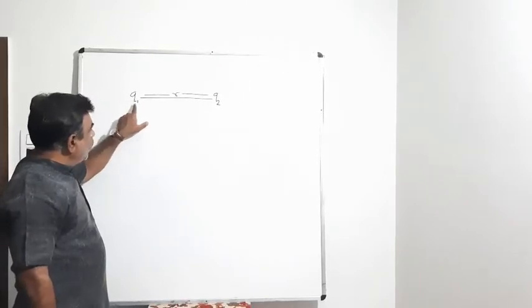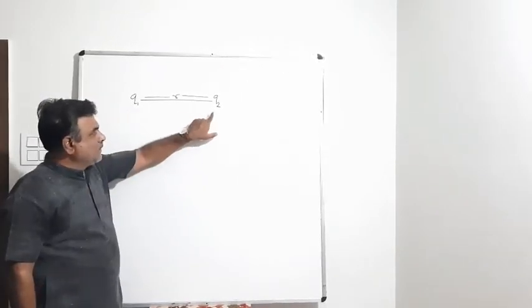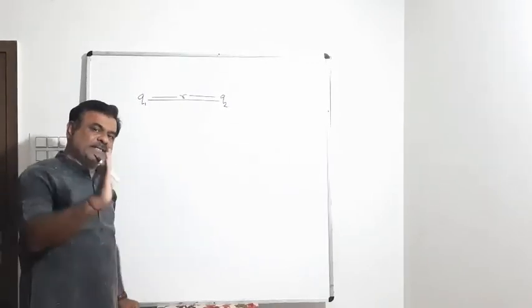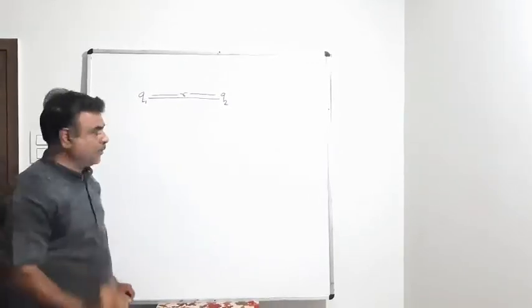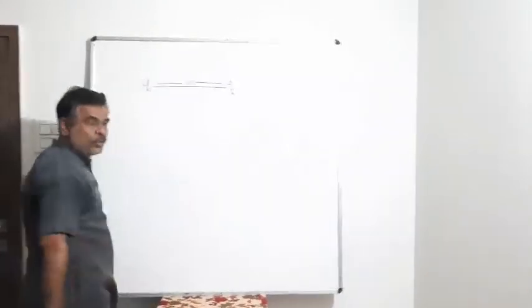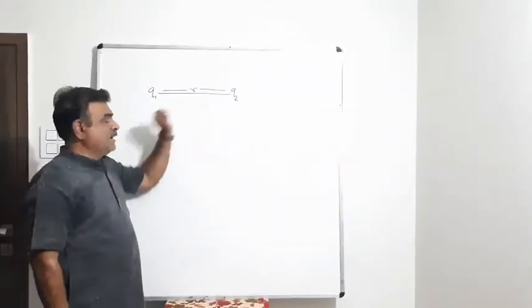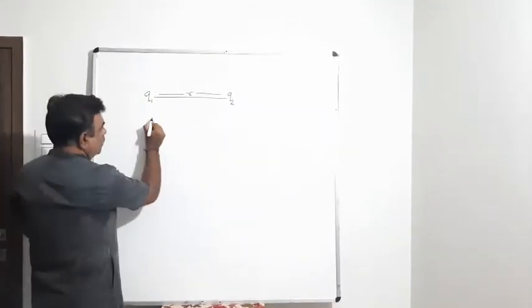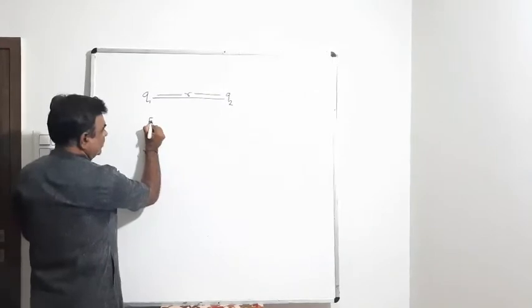Then what will be the attractive or repulsive force between these two charges? Right now we will only discuss the scalar, magnitude form. So, the force of attraction or repulsion.